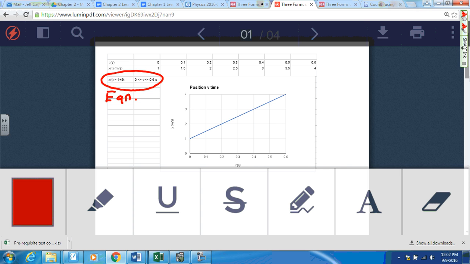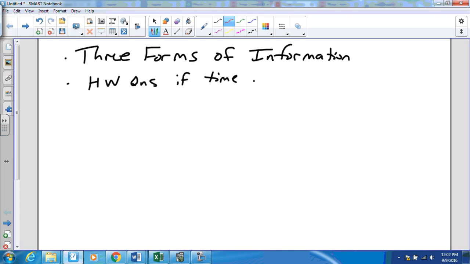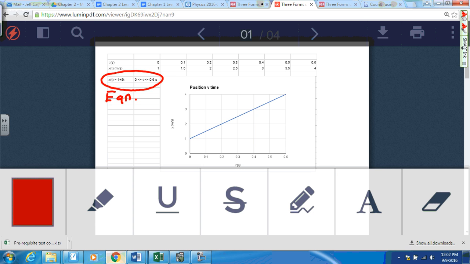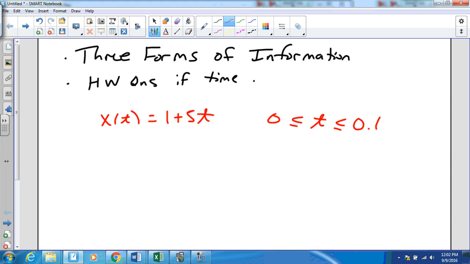I'm going to take that equation and copy it over here. X of t equals 1 plus 5t, for t's between 0 and 0.6 seconds. Now, here are the important things to observe.